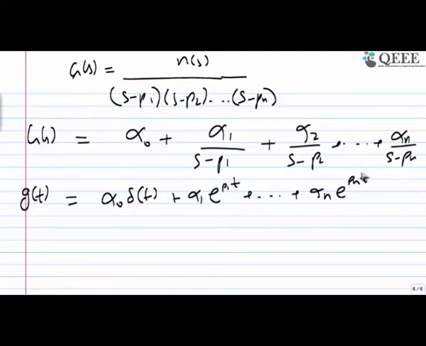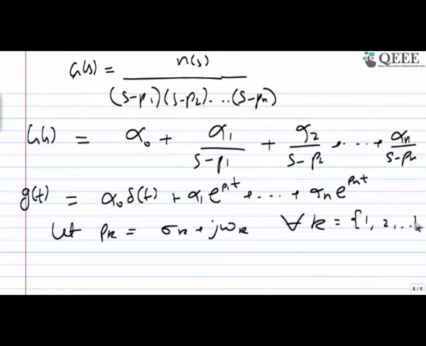Now these p's are complex variables. So I say let p k equal sigma k plus j omega k, for all values of k from 1 up to n.